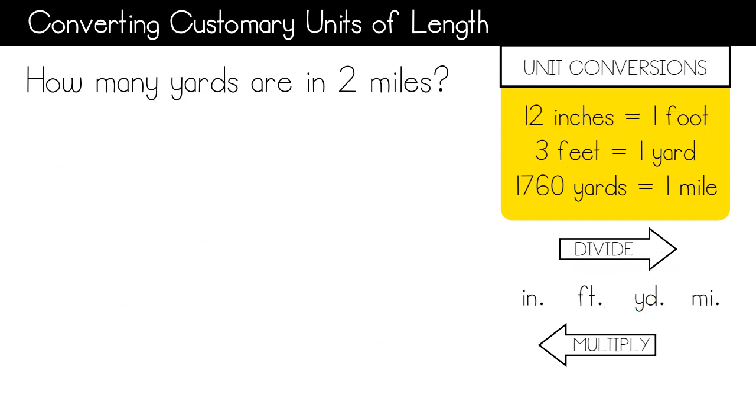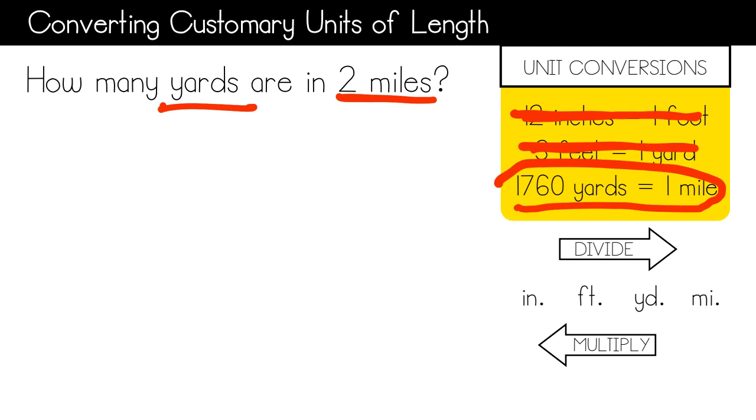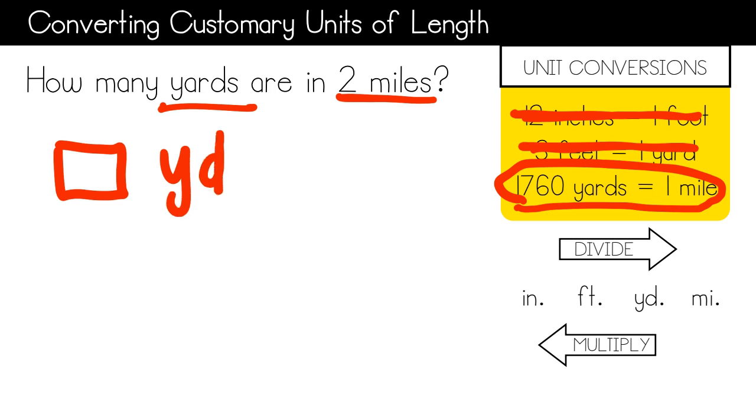How many yards are there in 2 miles? So now we're not going from inches to feet. We're not going from feet to yards. We're going from yards to miles. Okay, so how many yards equal 2 miles?